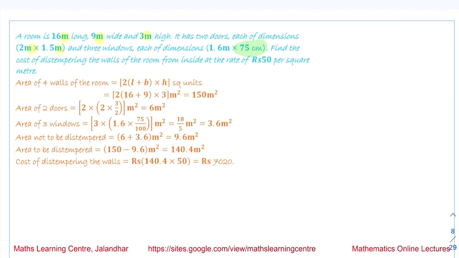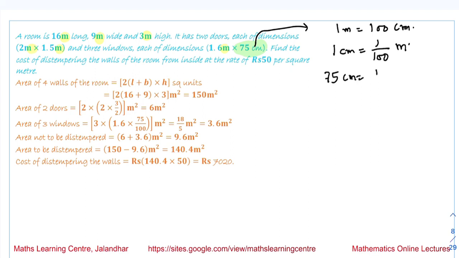So first we convert 75 centimeter to meter. We know that 1 meter is equal to 100 centimeter, which means 1 centimeter is equal to 1 by 100 meter. So 75 centimeter is equal to 1 by 100 into 75 meter, which gives 0.75 meters.